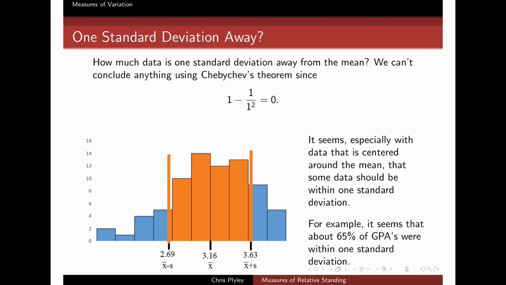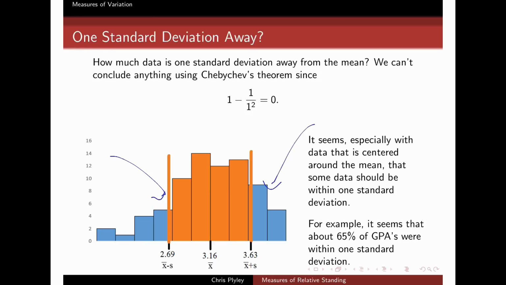Notice that if I plug in k equals 1 to Chebyshev's theorem, for instance, then what I can conclude is that for absolutely any set of data, at least 1 minus 1 over 1 squared, but that's just 0, at least 0% of the data lies within 1 standard deviation from the mean. So without any additional assumptions, I can't make any conclusions about how much of my data lies between 1 standard deviation below and 1 standard deviation above.